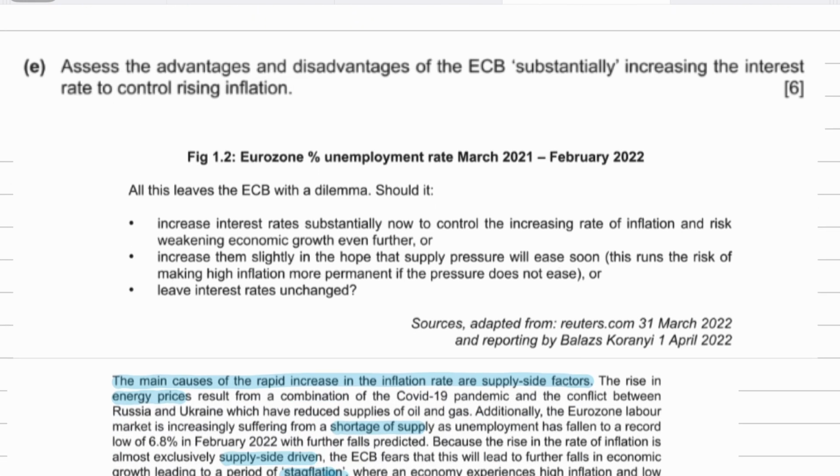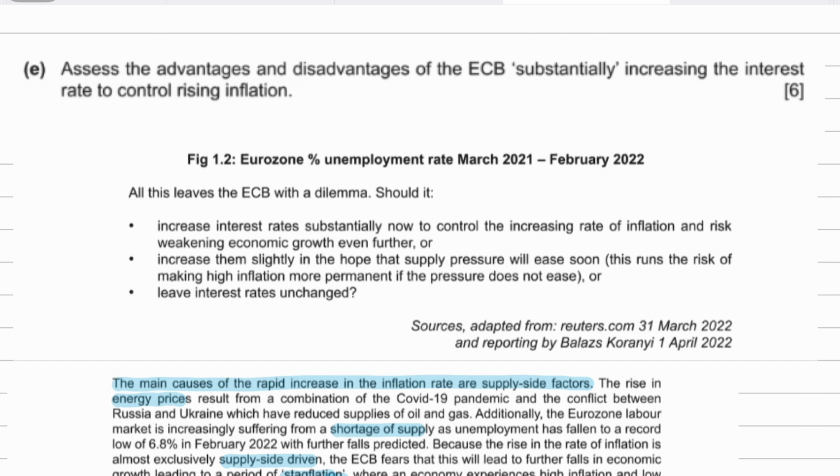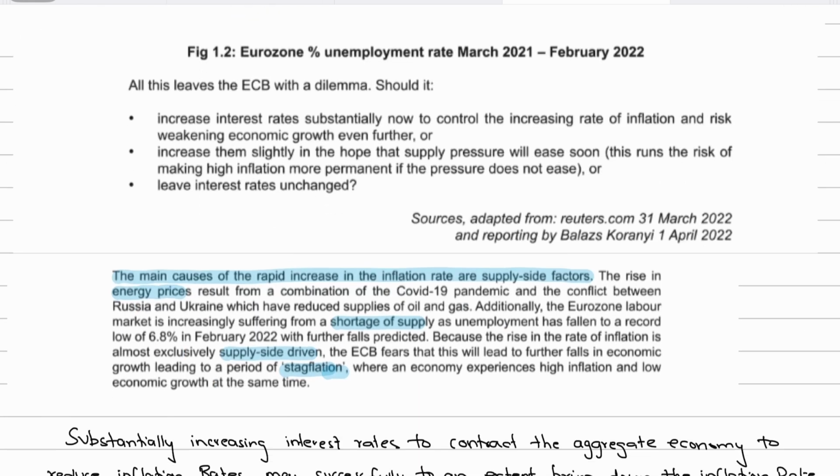What are the pros and cons of increasing interest rates to control inflation, specific to the Eurozone, taking into consideration the dilemma that the central bank is already facing?